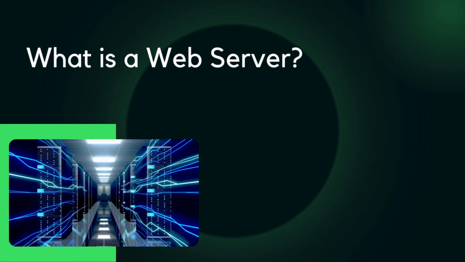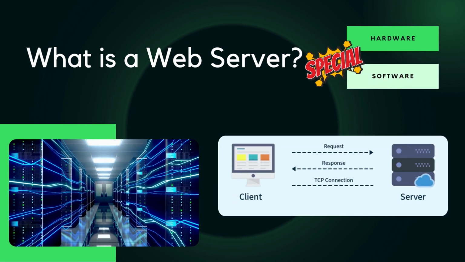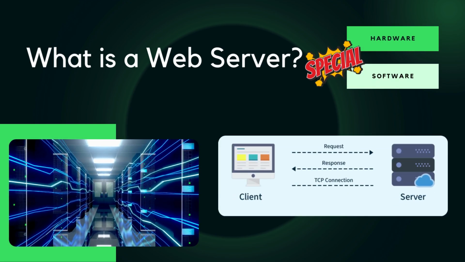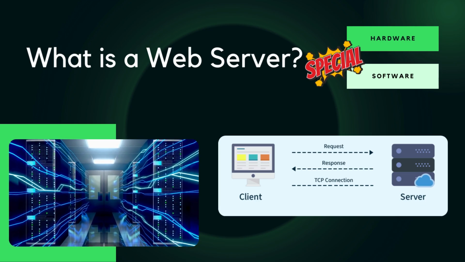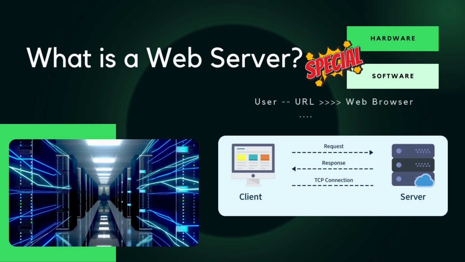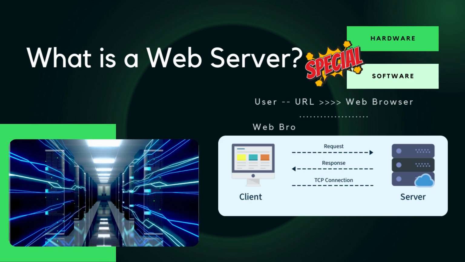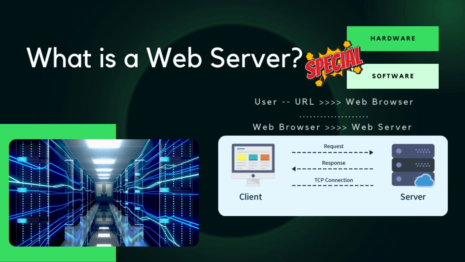First of all, what is a web server? It is both the software and hardware that delivers web content to our clients. As we've mentioned in our previous videos on how the web works, a user types a URL into the browser. The browser then sends that request to the web server.